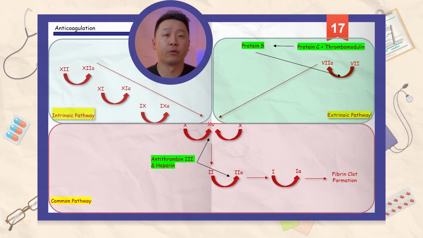So the common pathway starts with the activated factor X, which will then trigger the most important factor II, otherwise known as prothrombin, to be converted to the active form, otherwise known as thrombin. So thrombin is also the activated form of factor II.